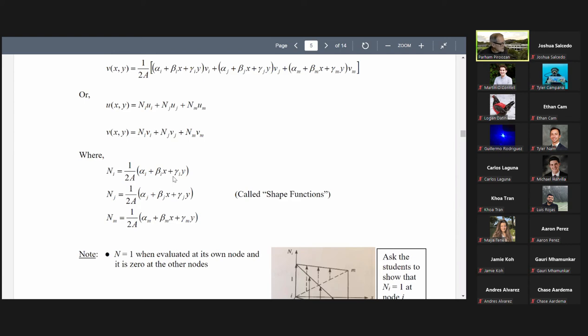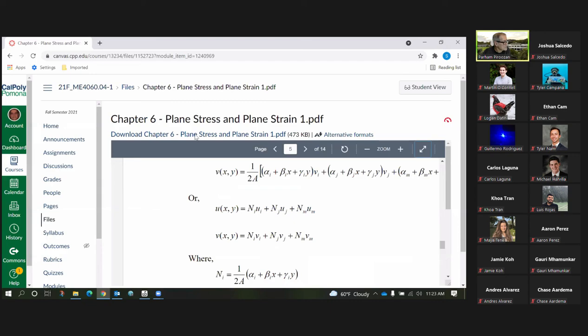So I'm also writing it down here. All right, write this one down. I want to show that if I evaluate this at node I, it would be equal to 1.